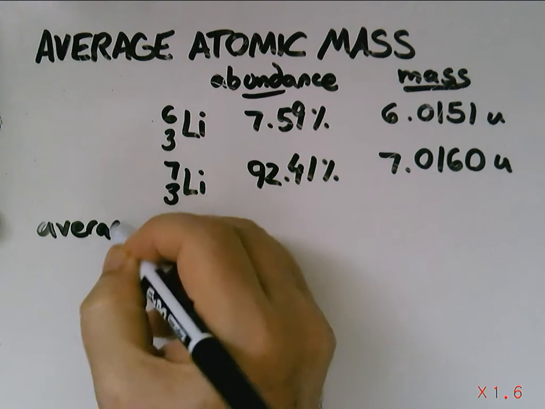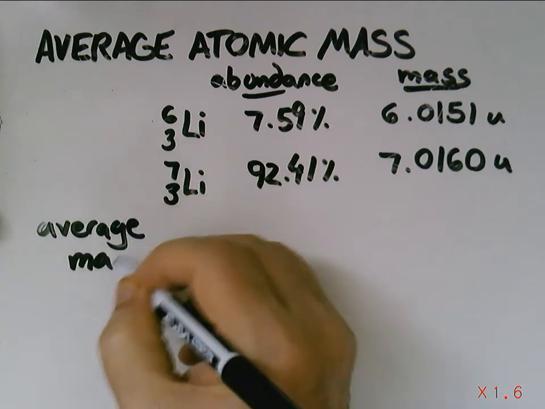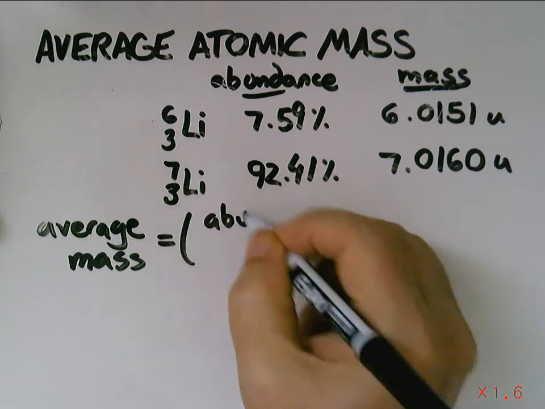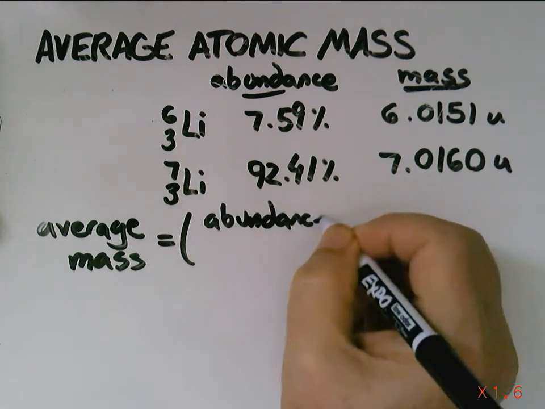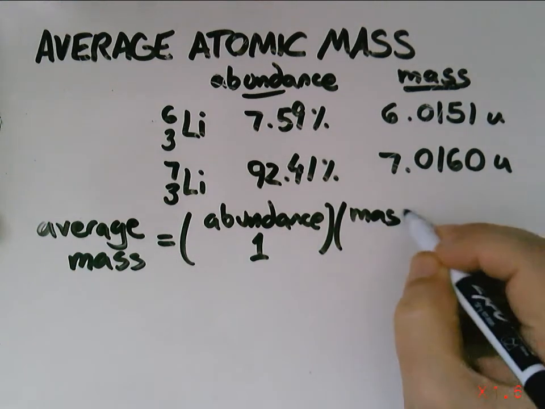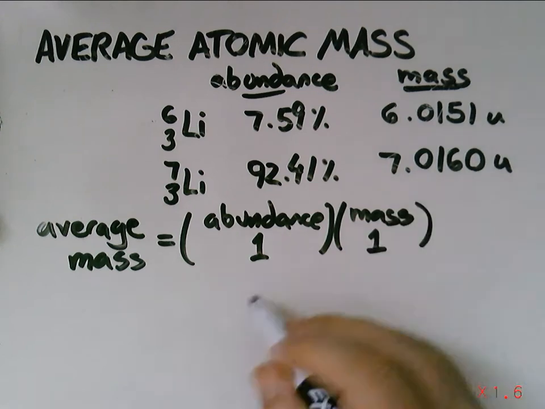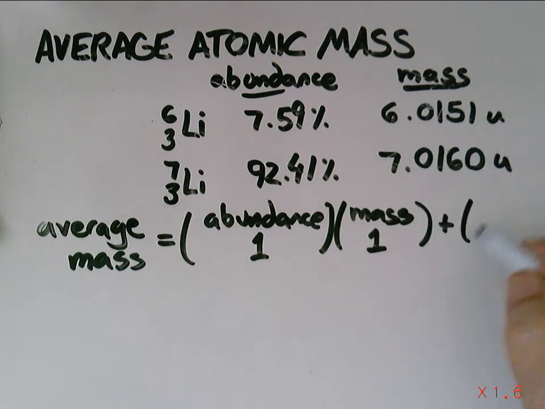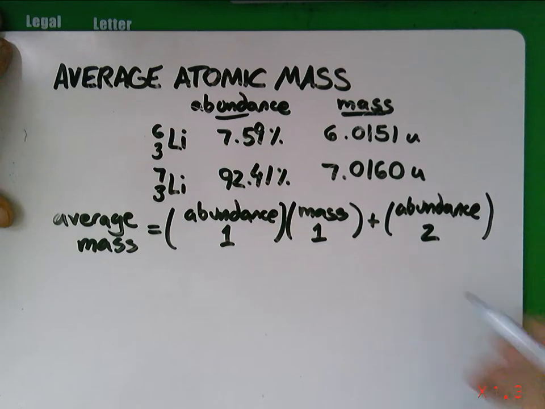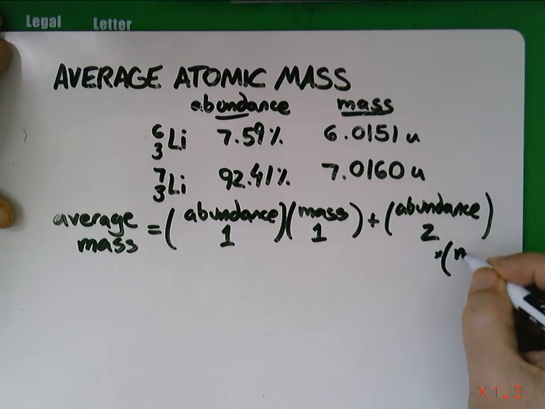The average mass is going to be equal to the abundance of the first isotope times the mass of the first isotope plus the abundance of the second isotope times the mass of the second one.